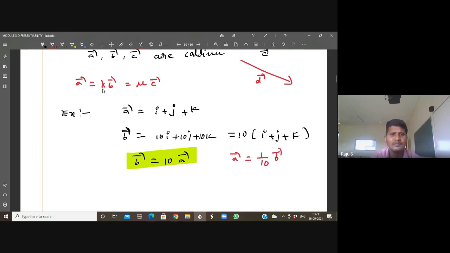Now this is also in the form of lambda. You can represent it either way, 10 into A vector or 1 by 10 into B vector. 1 by 10 is also a real number, so when we represent one vector as lambda times another vector, then both vectors are parallel. When two vectors are parallel, we can say they are collinear.